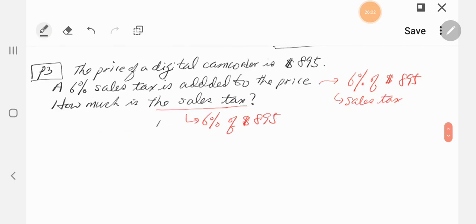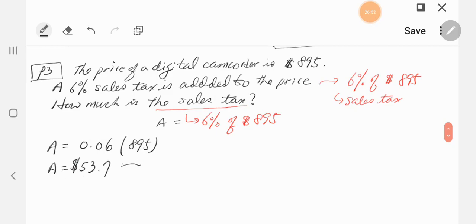So sales tax, let's say this is an A. Sales tax is equal to 6% of, this is 0.06, times the base, 895. So the amount is the sales tax. You use the calculator, then it gives around $53.7, right?